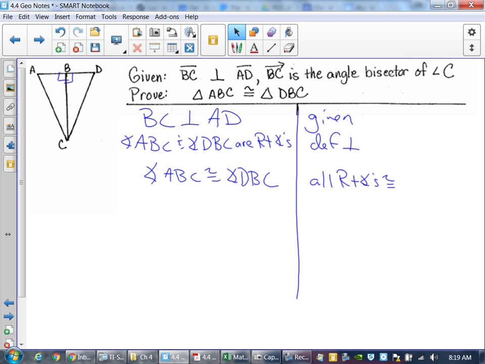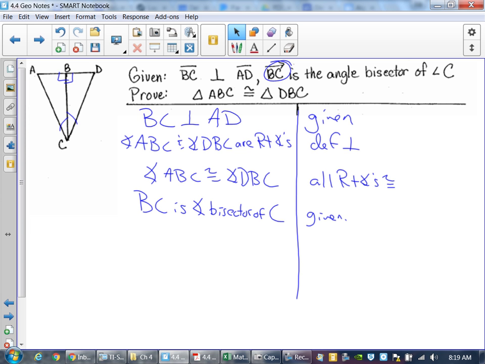It then says that BC is an angle bisector of angle C. Well, according to my progression sheet, an angle bisector creates two congruent angles, but I need to write them down.